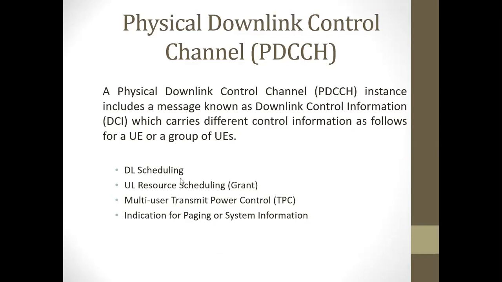So for both downlink and uplink, resource scheduling is done using PDCCH instances. If you have resource allocations for both downlink and uplink simultaneously, you will have two different PDCCH instances in the control region.